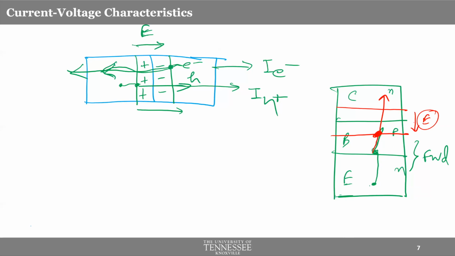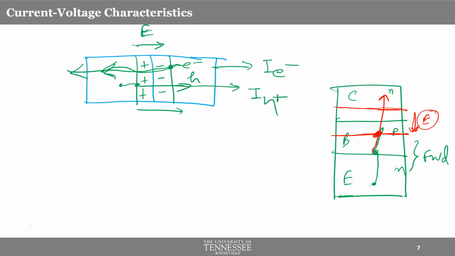And they are only grabbed by the electric field whenever they arrive at the space charge region. Before arriving at this region, they will be just diffusing gradually, gently through the base.